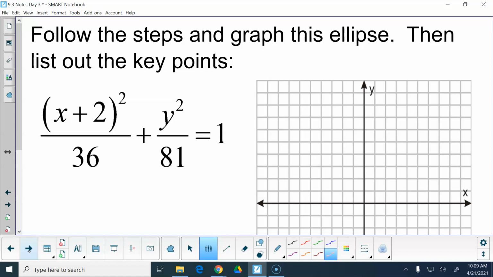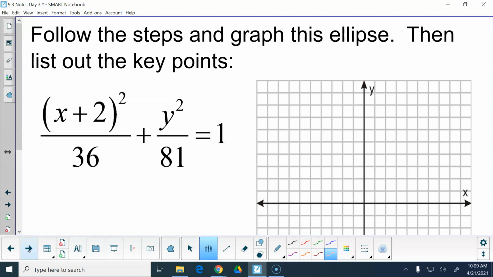So what is our first step to graphing an ellipse? Find the center. Good job, Ben. So we think oppositely inside parentheses, right?